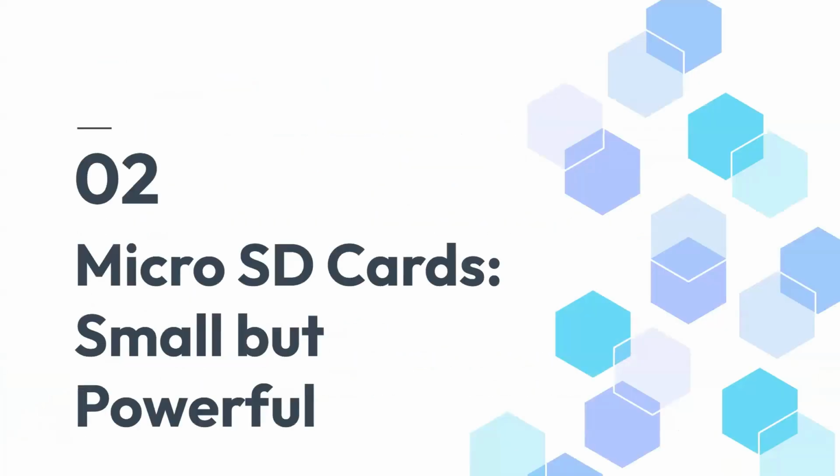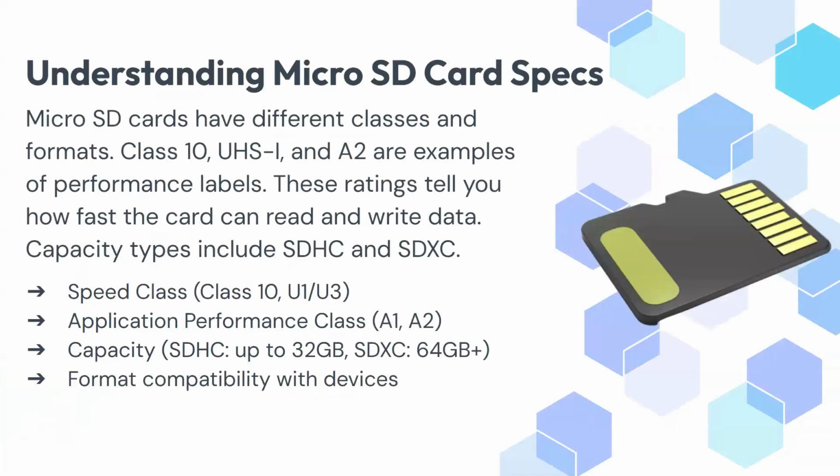So micro SD cards, they're small but powerful. So, understanding micro SD card specs. Micro SD cards have different classes and formats. Class 10, UHS-I, and A2 are examples of performance labels. These ratings tell you how fast a card can read and write data. Capacity sizes include SDHC and SDXC.